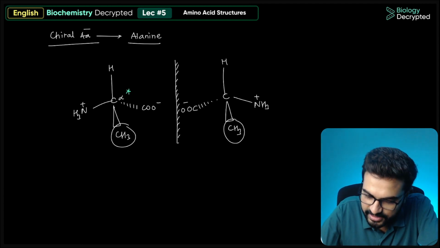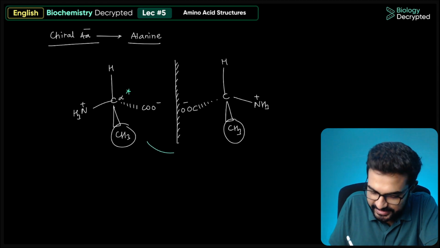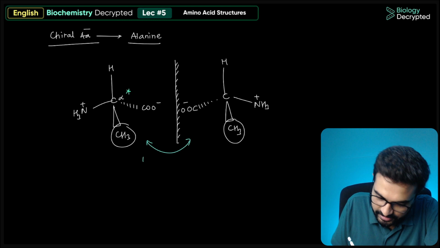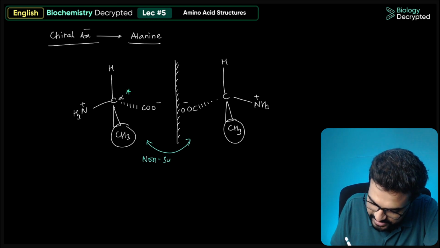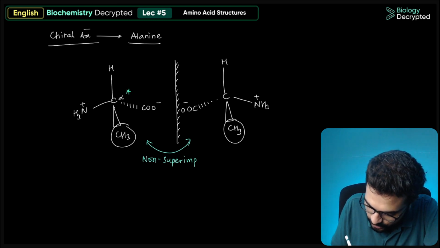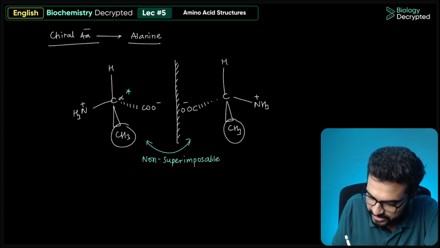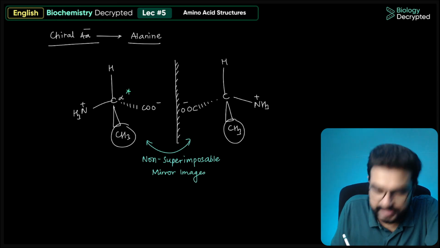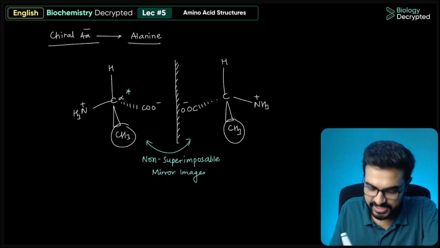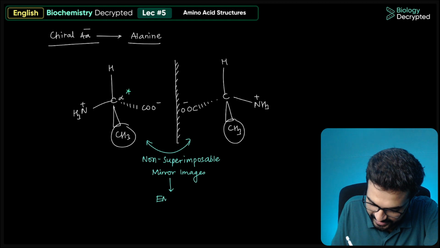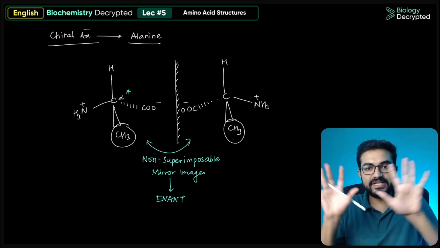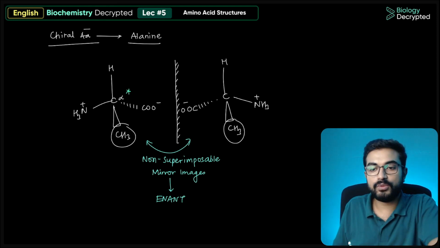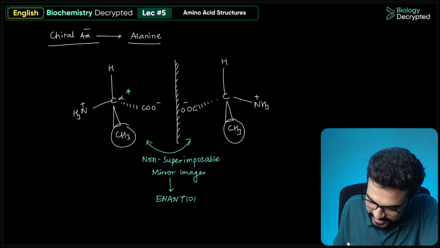And what we see here is that since this is chiral in nature, these are examples of non-superimposable mirror images, and they are called enantiomers. They are non-superimposable because the molecules are chiral. So they are called enantiomers.